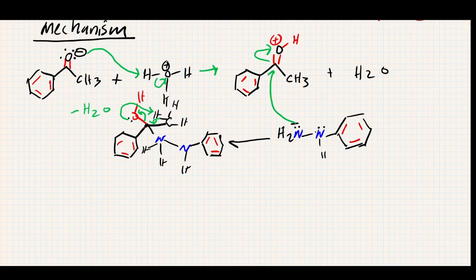And so from this step, we are going to have a product without water molecule. So from this step, we are going to have this product. Remember, we have created a double bond there.